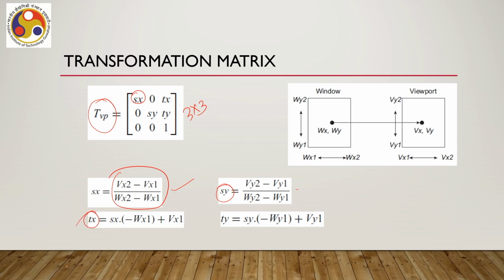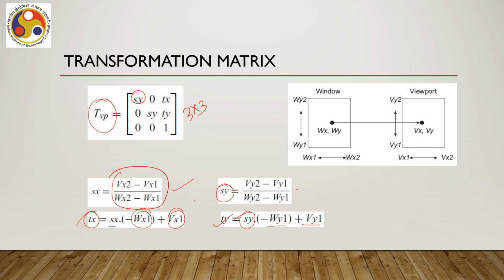Then Tx can be computed in terms of Sx and the window dimension and viewport dimension along x. Ty can be computed in terms of Sy and again the window and viewport dimensions along y.